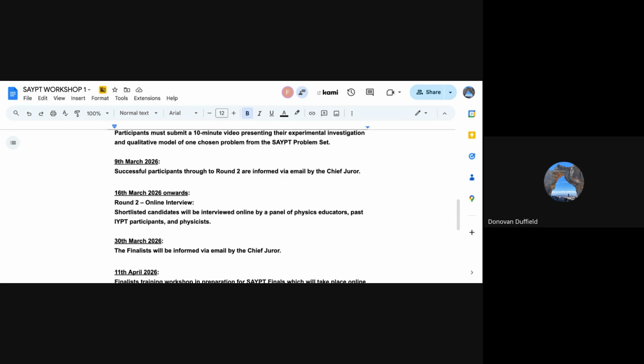You saw he spent a lot of time on his experimental setup. With SAYPT, that is very, very important. Then your qualitative model at the very least, your data processing, and then we will ask you more questions, a bit like the panel of jurors in IYPT. It would be an online interview, basically you, if you get through to the second round, with maybe 2 or 3 jurors.